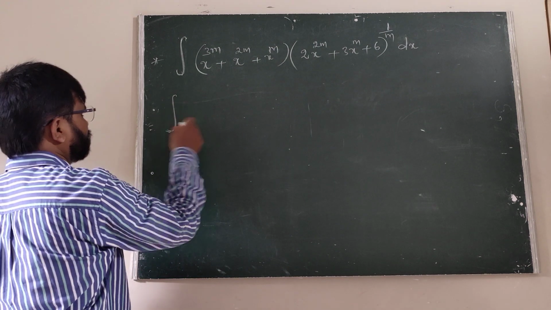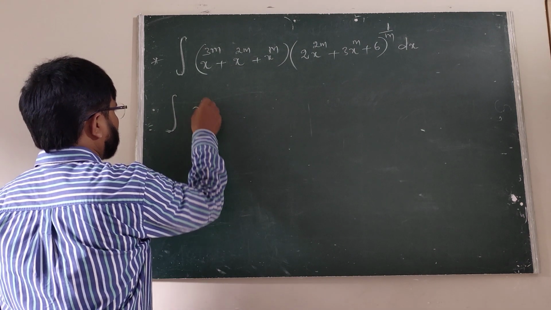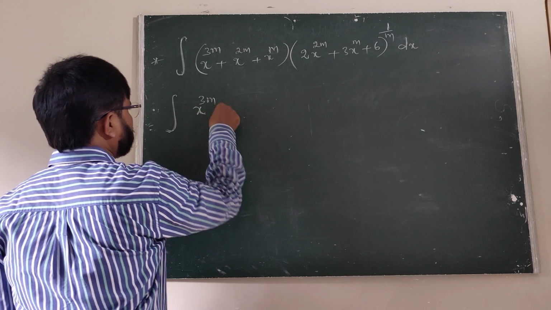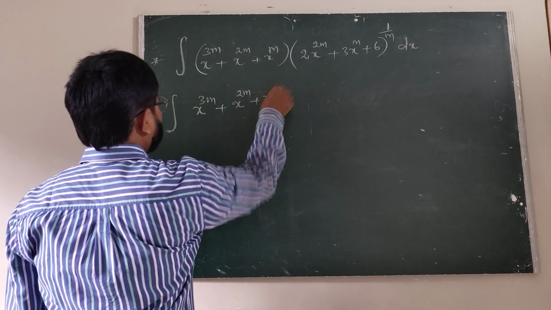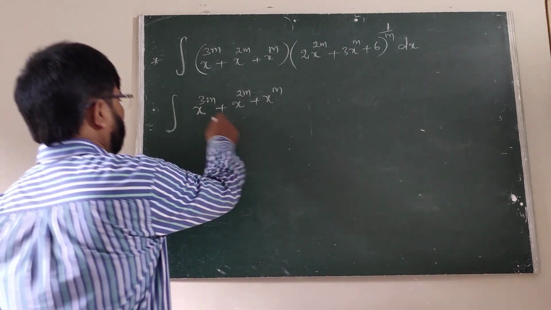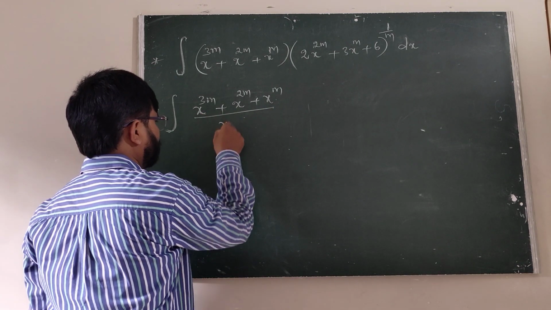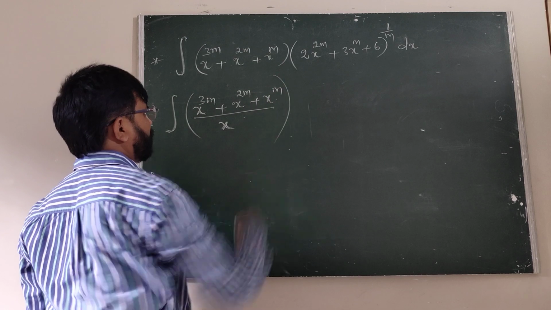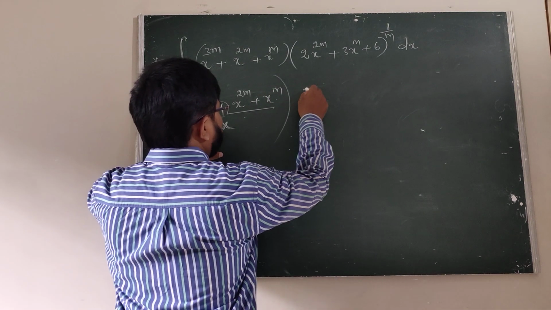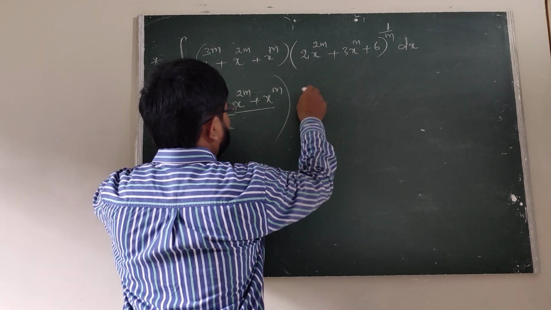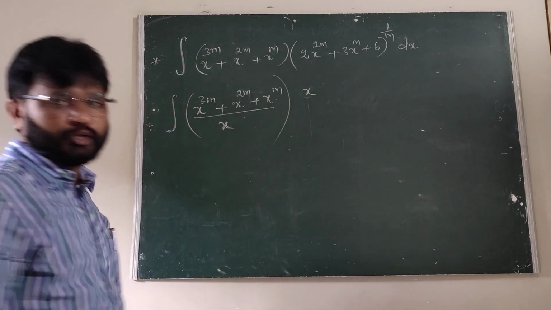Now this is x^3m, x^2m, x^m. First we take x common, so we are taking x by x and into x.